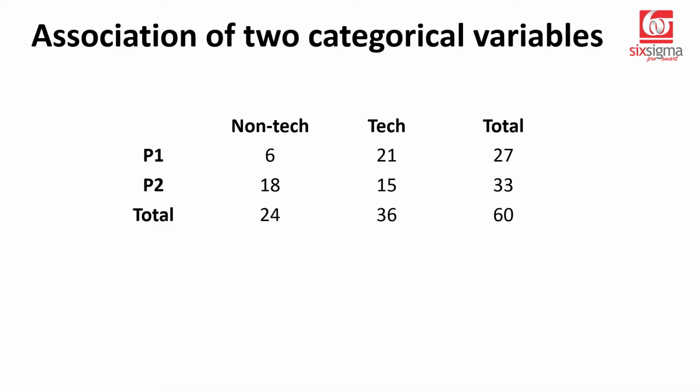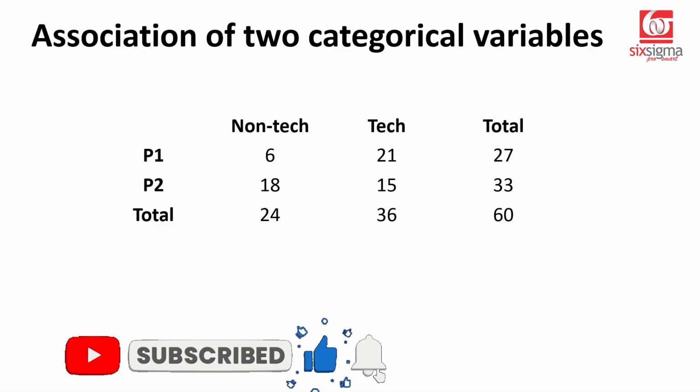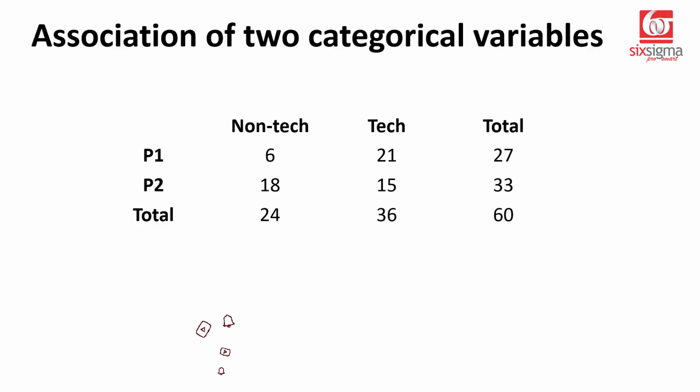And this is the breakup of tech and non-tech. So for example, when you break that 27 for tech and non-tech backgrounds, the numbers are 21 and 6. Similarly, when you break 33 into tech and non-tech, the numbers are 15 and 18. So you just have a 2x2 contingency table. And we also have populated these margins, which are 27 and 33 and 24 and 36, both leading to a total of 60.